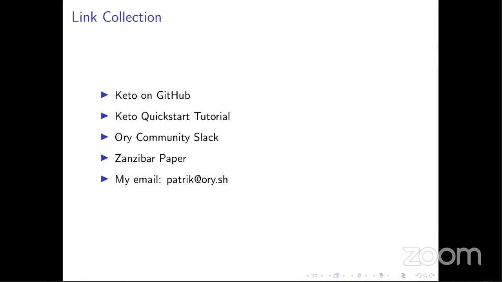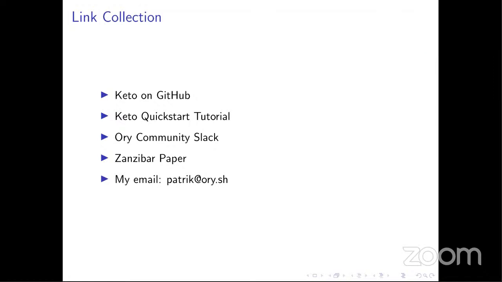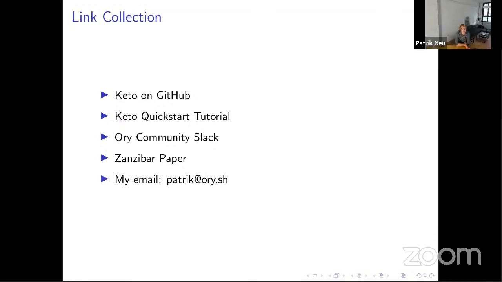Or can anyone just deploy Keto on top of Spanner? Like, can they use Spanner as their persistent layer itself? So Spanner does not provide the same SQL API that the other databases provide, so we don't have support out of the box.